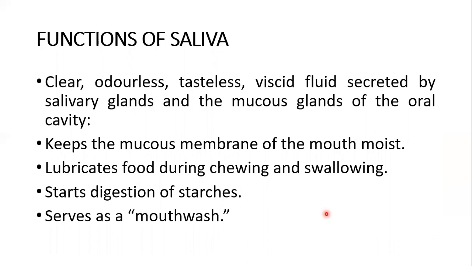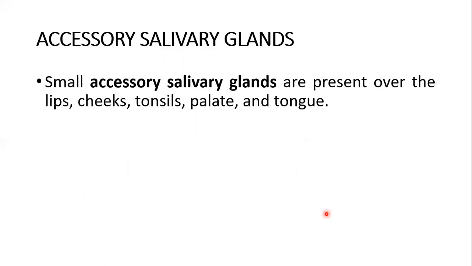It starts digestion of starches, and of course it contains enzymes, and it serves as an intrinsic mouthwash, right? And it helps prevent decay of the teeth, and is very important for maintaining oral hygiene naturally. There are also accessory salivary glands quite often, present over the lips, cheeks, tonsils, palate, and tongue.